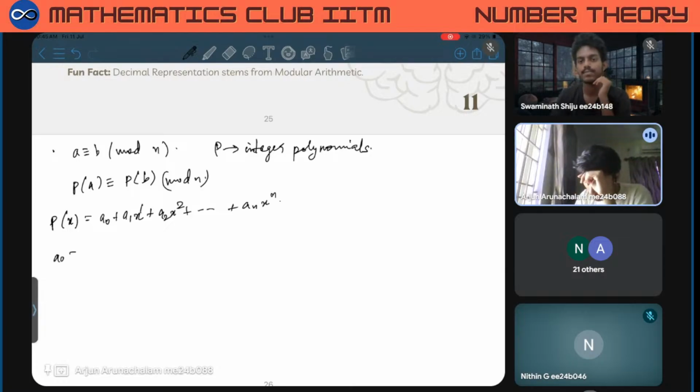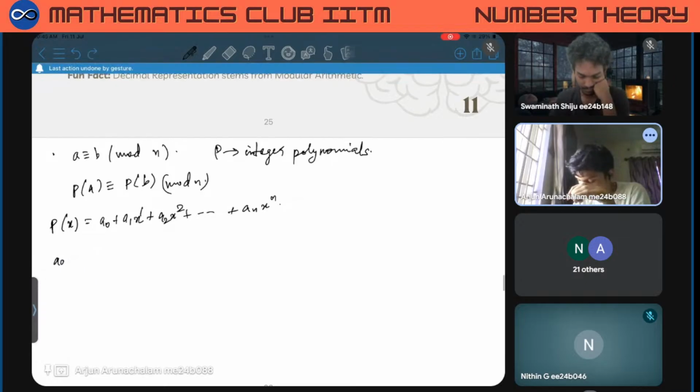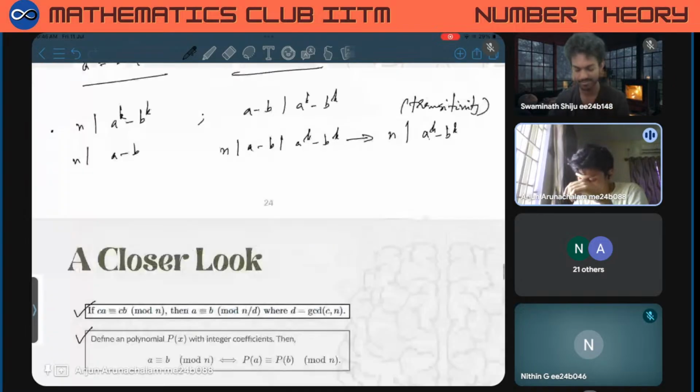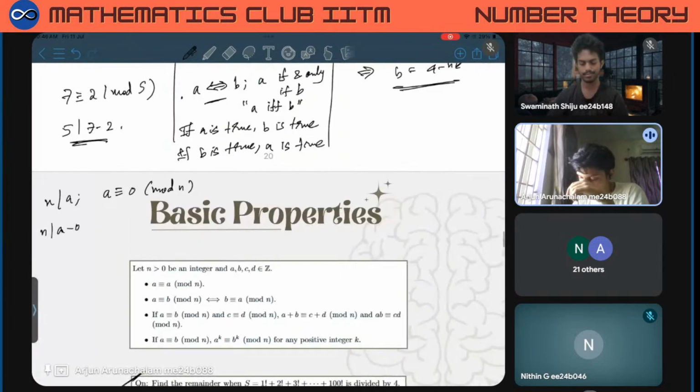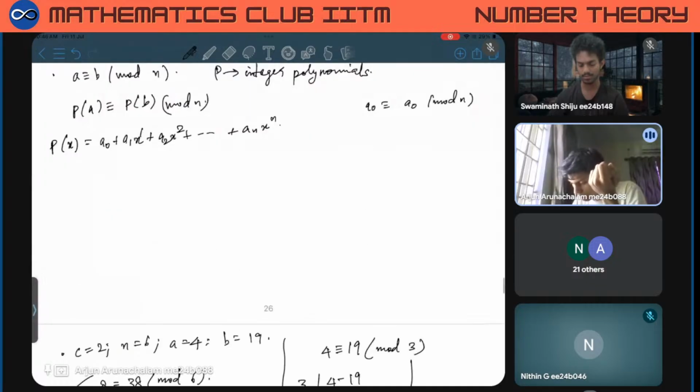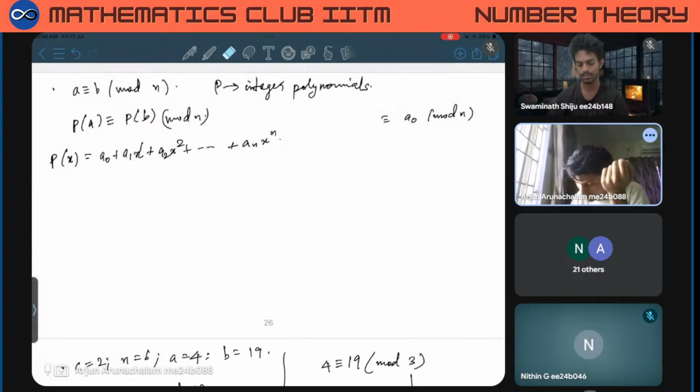So a0 is congruent to a0 mod n. Now, a1 is also congruent to a1 mod n.